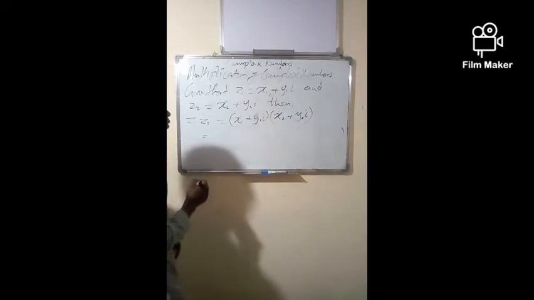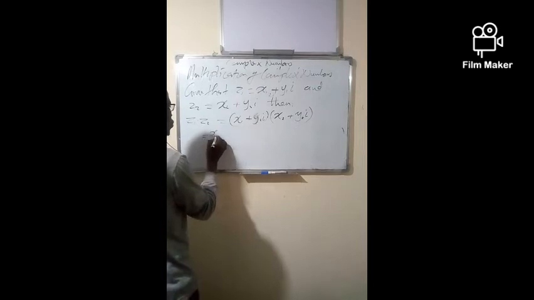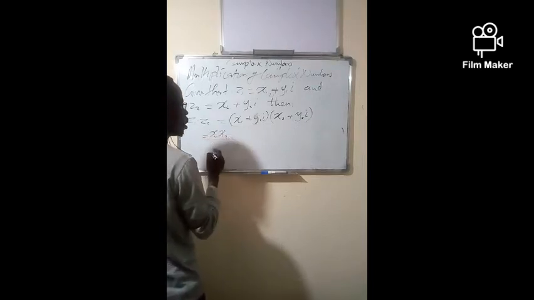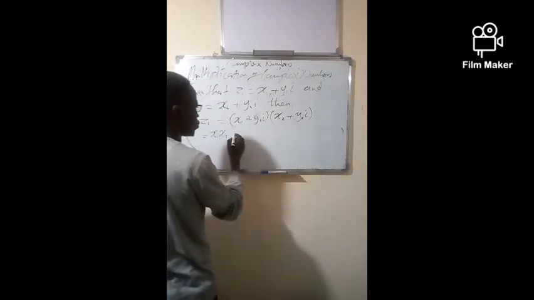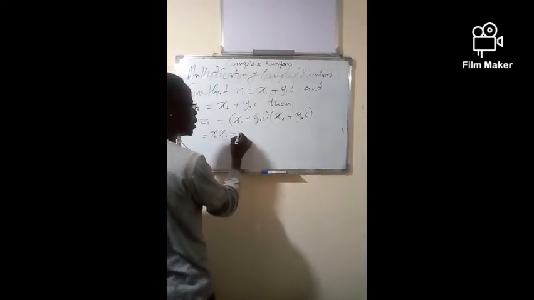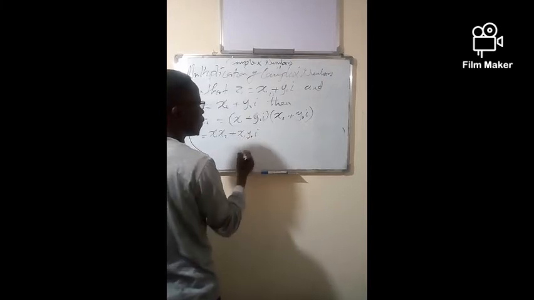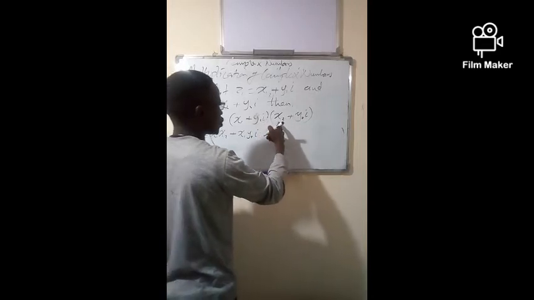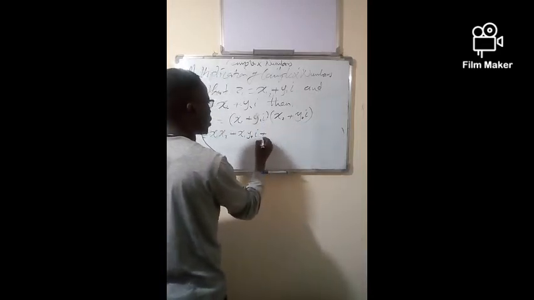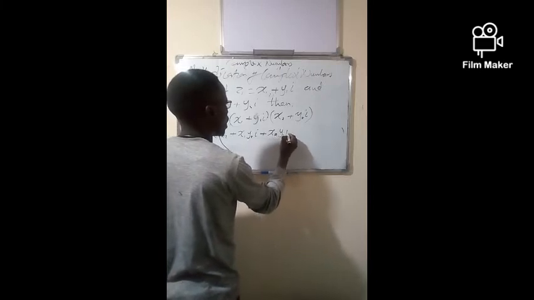We now expand. Okay, x1 by x2, that is going to give us x1x2. Okay, then x1 by y2I, that is going to give us plus x1y2I. Then y1I multiplied by x2, this is going to be plus x2y1I.